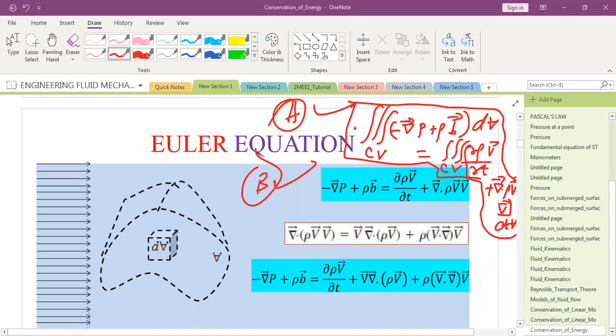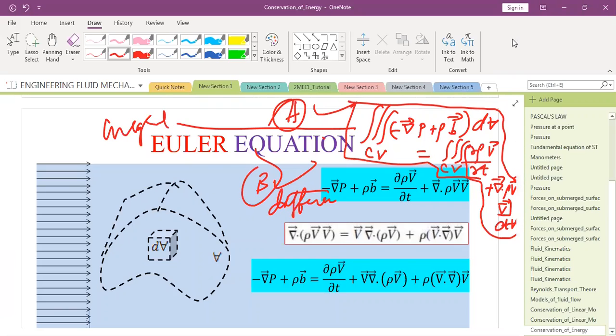This is an integral equation and this is a differential equation. So please remember, the differential equation gives you the values of these unknown quantities, that is pressure, velocity, and all that stuff, at each and every point.